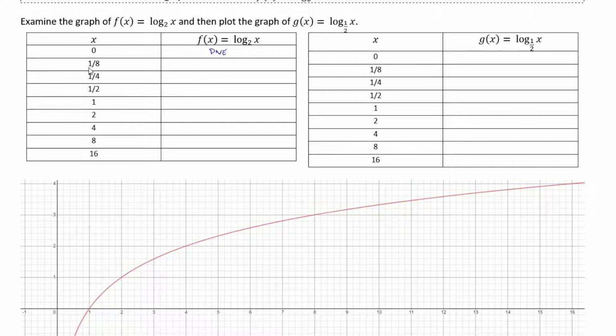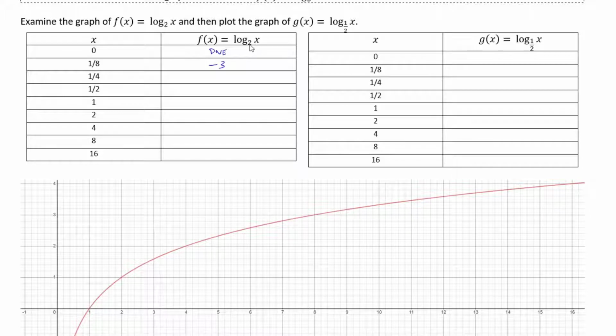Now let's look at 1 over 8. Log 1 over 8 base 2. So again, we ask ourselves the question, what exponent on 2 would cause it to become 1 over 8? Well, the answer there is -3. Same thing, we input 1 over 4.